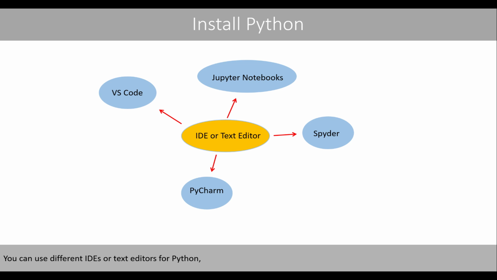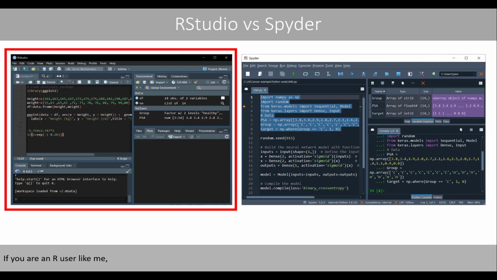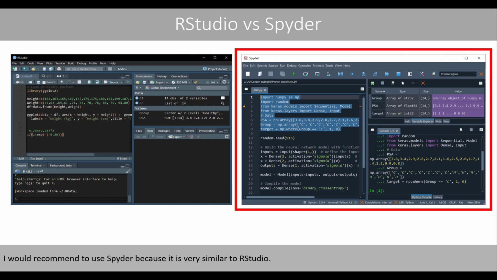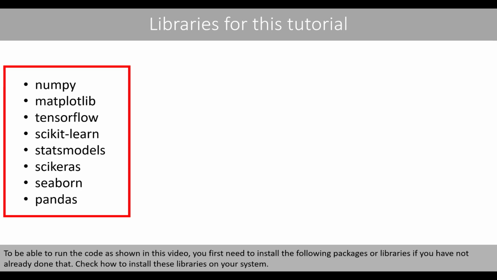You can use different IDEs or text editors for Python, and I will here use Spyder, but other editors should work just fine. If you're an R user like me, I would recommend to use Spyder because it is very similar to RStudio. To be able to run the code as shown in this video, you first need to install the following packages or libraries if you have not already done that.